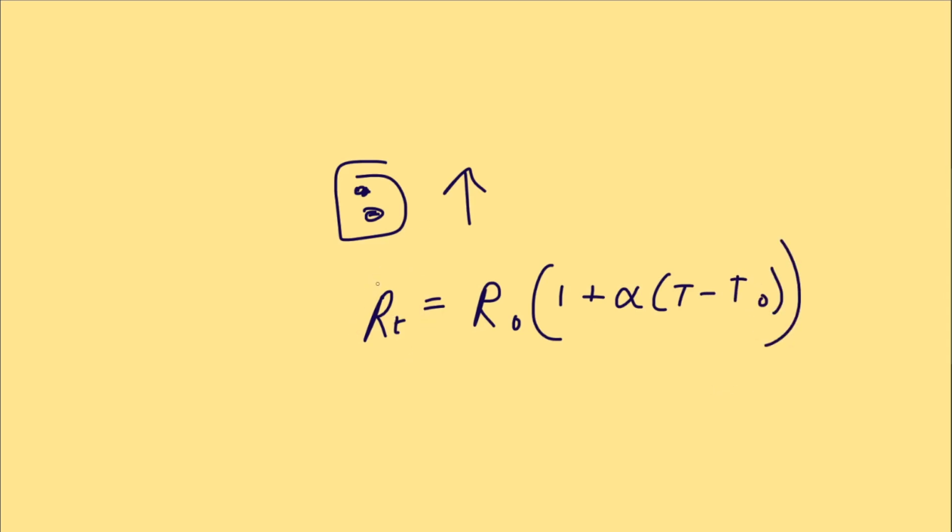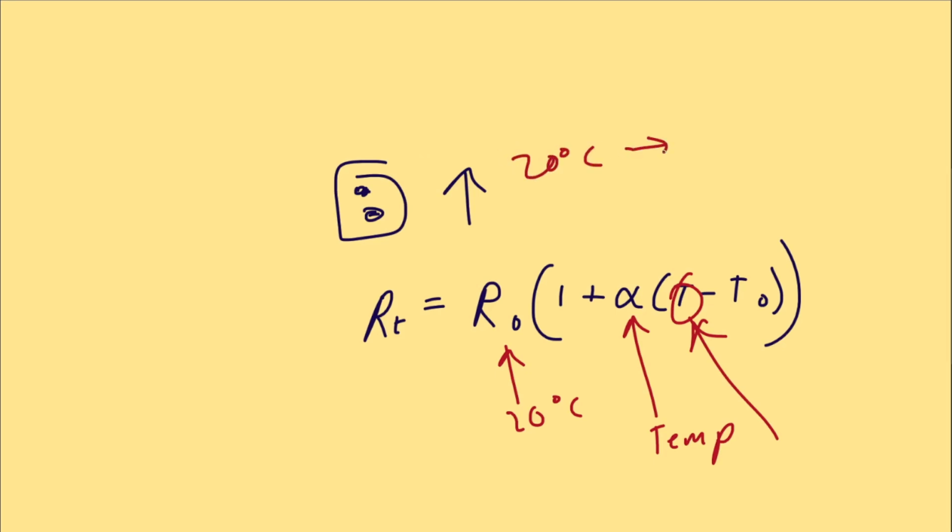RT is the resistance at a temperature. R0 is the resistance at a base temperature, for example, 20 degrees Celsius. This symbol here is the temperature coefficient, and it depends on the material. And T is your new temperature. So for copper, a rise from 20 degrees to 70 degrees increases resistance by about 33%.